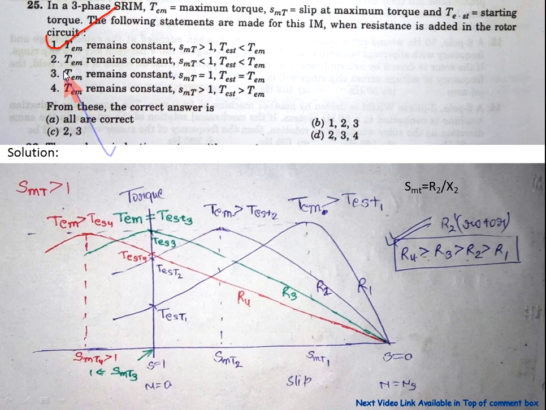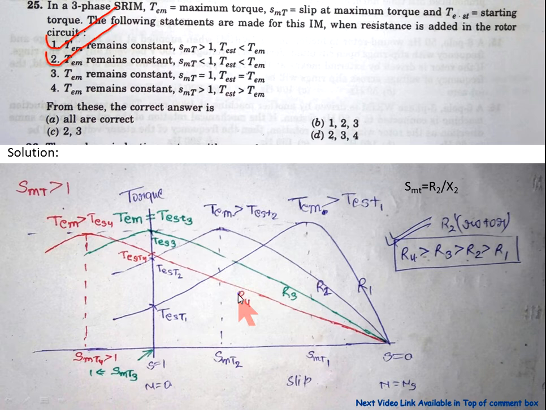Now come to statement 2. The TEM, the maximum torque, remains constant. Yes, the maximum torque remains constant for all the resistances which are added on the rotor side. This characteristic is for the R1 resistance, this for the R2 resistance, this for the R3 resistance.